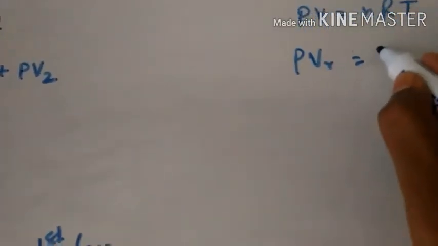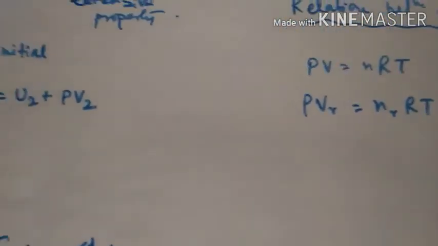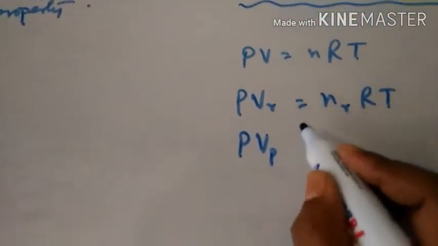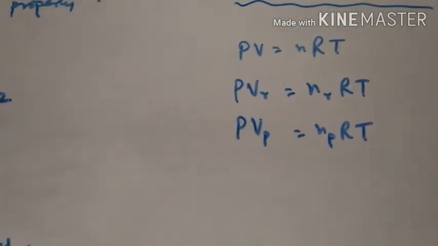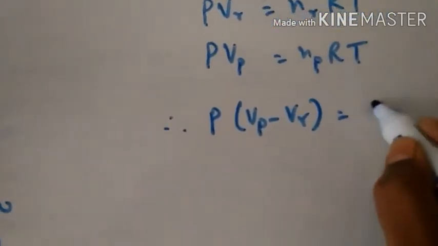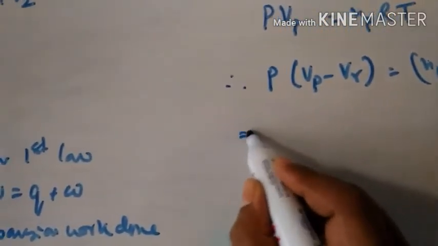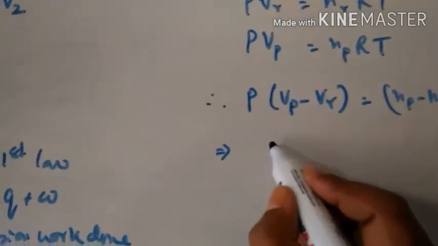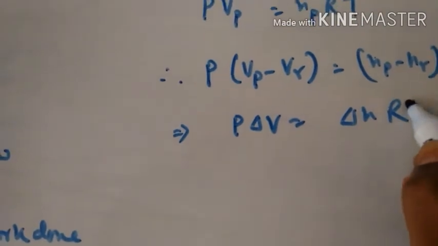For any system, for reactants we can write P VR equals nR RT, and for the products we write P VP equals nP RT, where P is for products and R for reactants. By subtracting these equations we get P times Vp minus Vr equals np minus nr times RT. This gives us P delta V equal to delta n RT.